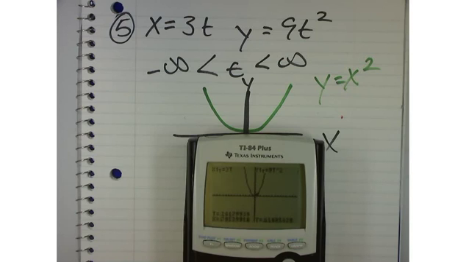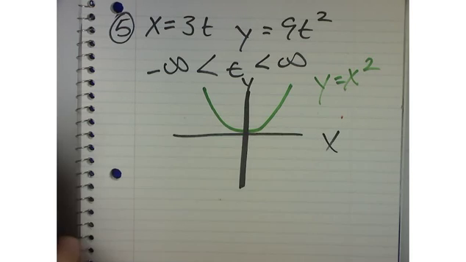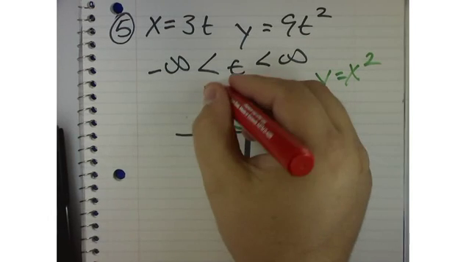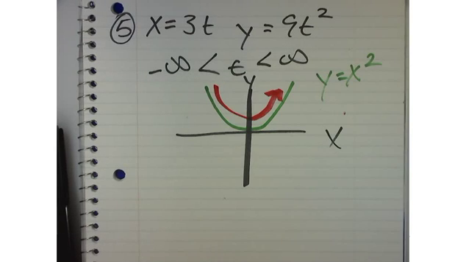Okay, let me start over. Here's a low value for t. As t increases, what's the path of the curve? It gets more positive. It just flows this way. But that's the flow of the curve.